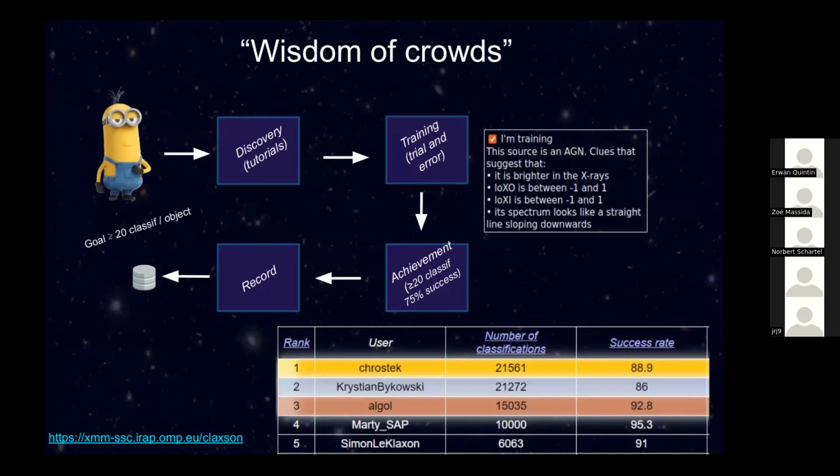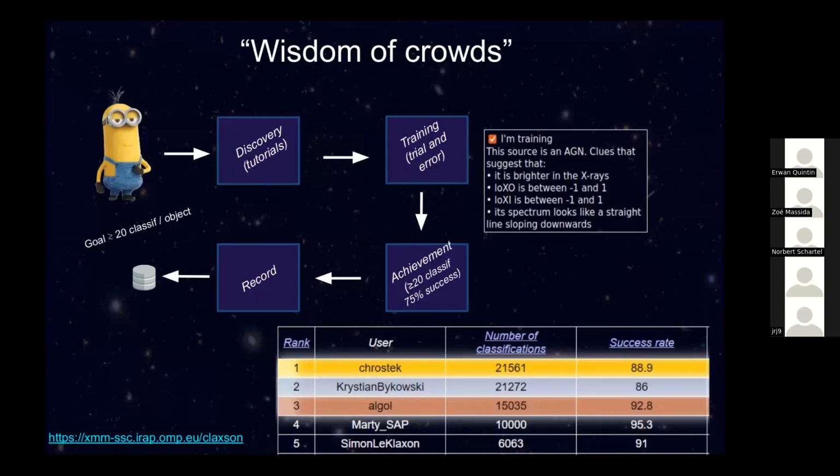Volunteers are first given tutorials to recognize sources in an interactive way, and then they are trained on known sources. It's basically trial and error. At each step they are shown the answer of the previous classification and the possible reason why it could be classified as this class.